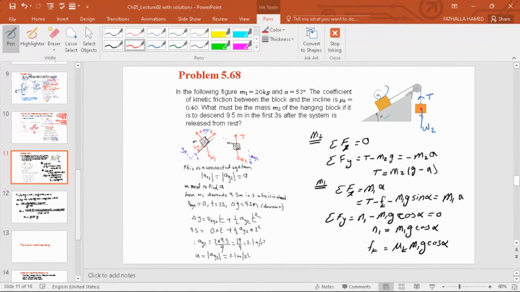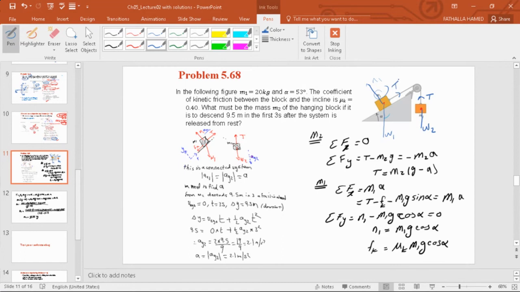Now, when you do that for M1, weight will be basically pulling down, let's call this W1. The normal force, let's call it N1. And then you have a T here, the tension.